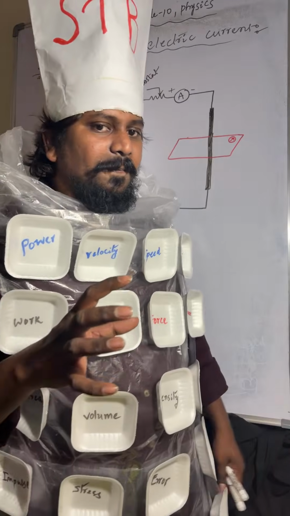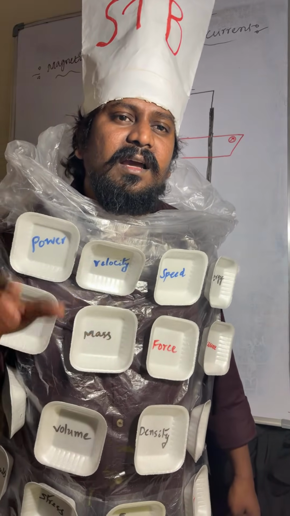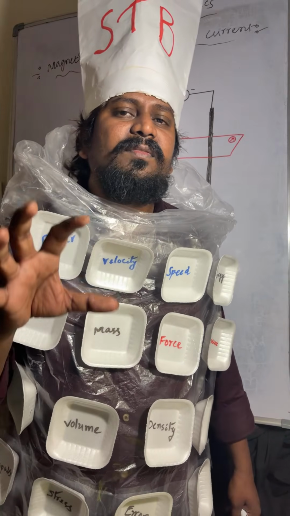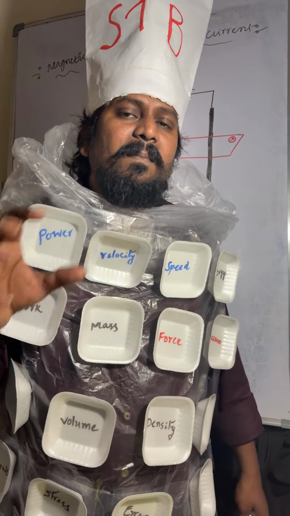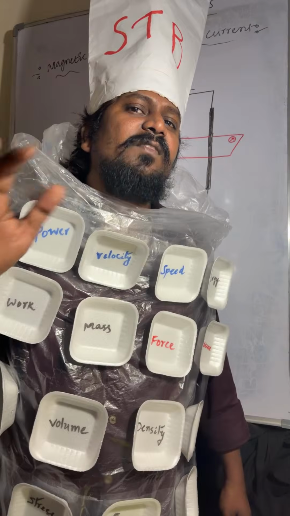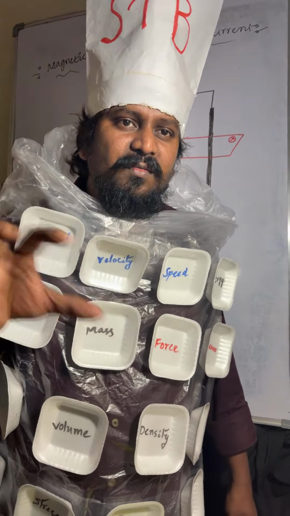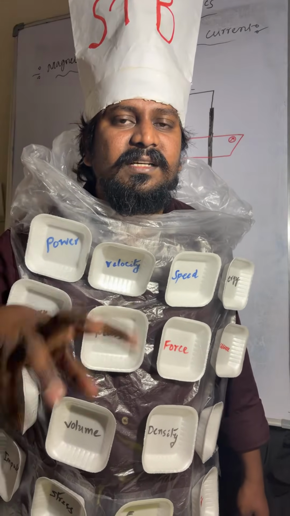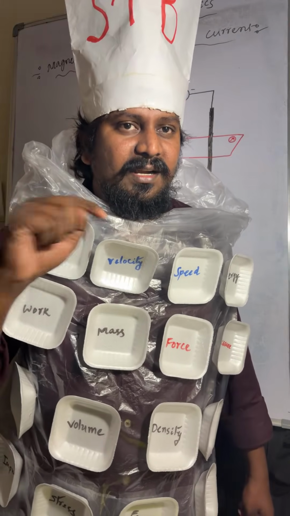And one more thing: around the conductor, a magnetic field will be created. Yes or no? The magnetic field will be in the form of concentric circles, like closed loops around the conductor.